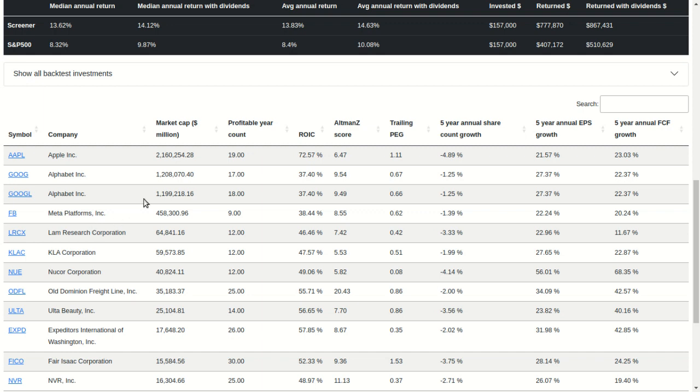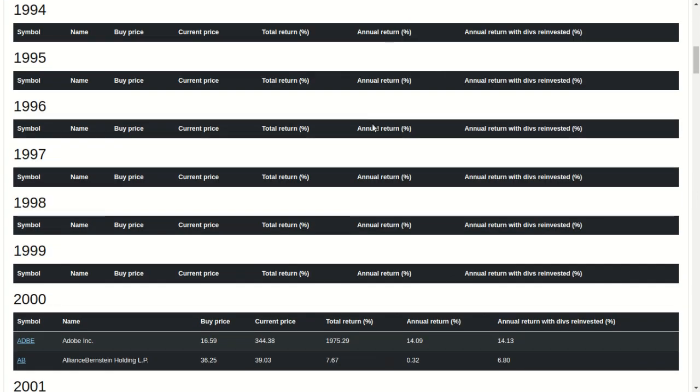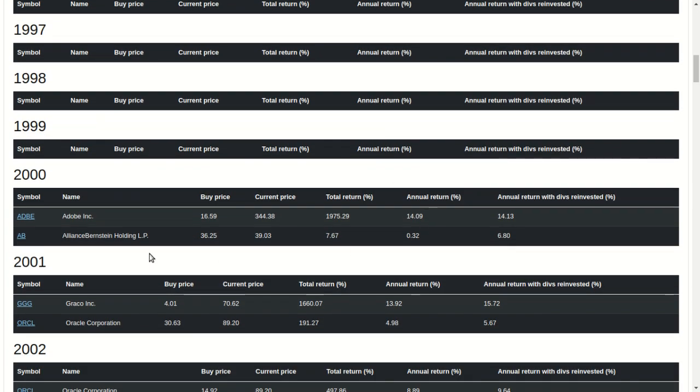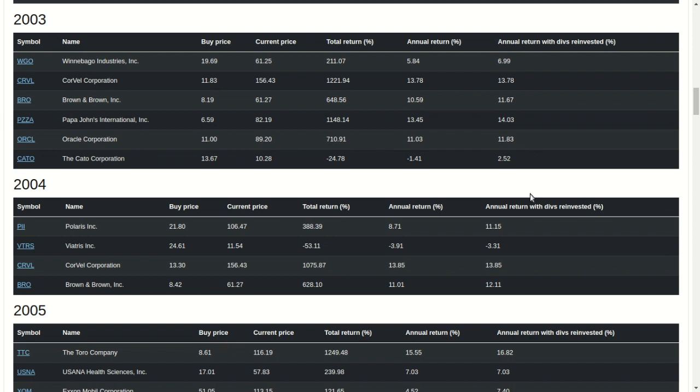Some of these stocks don't work out, so even if we check what these backtests actually invested in, we can see that sometimes it got quite a good deal, like in the year 2000, it bought the Adobe stock with a 14% annualized return. However, if we go down, we can see that sometimes it didn't work out as good.